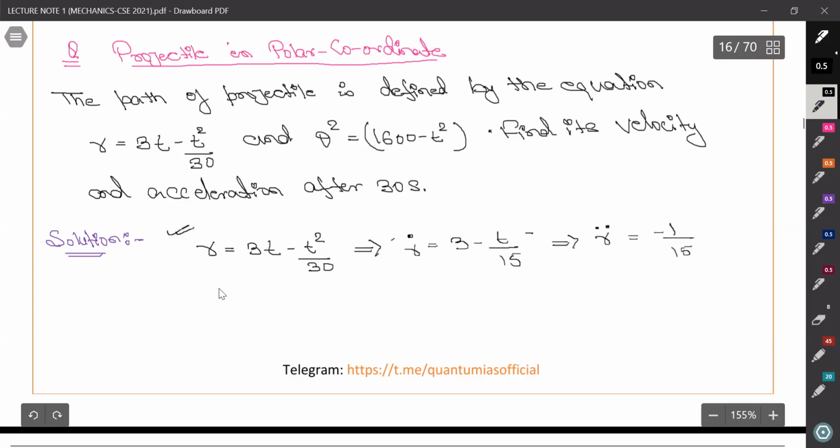Now let's come to the values. At t equals to 30 seconds, R will be equal to 60 meter.